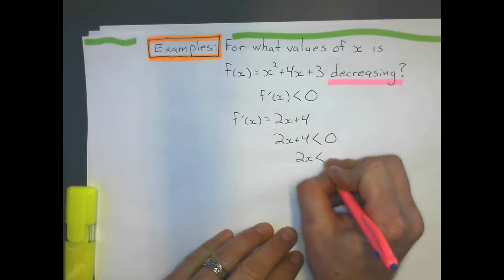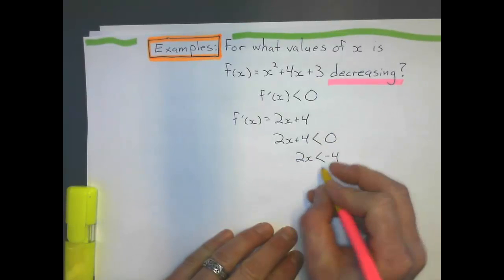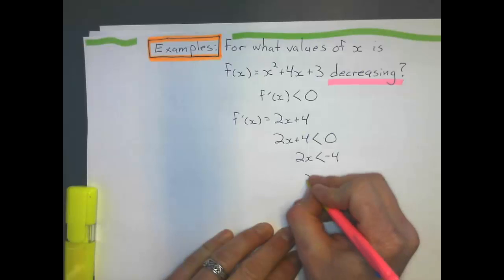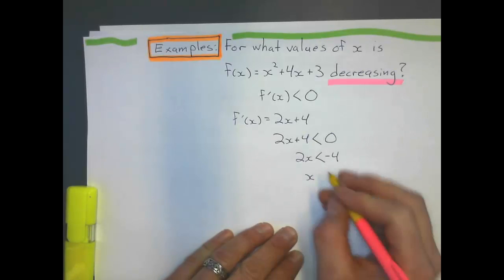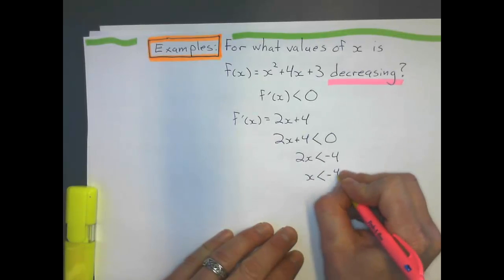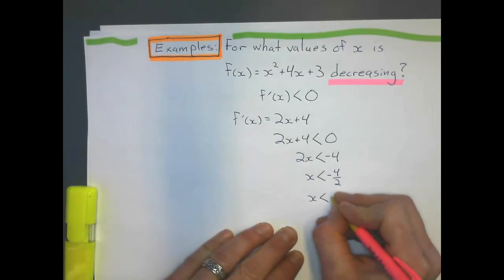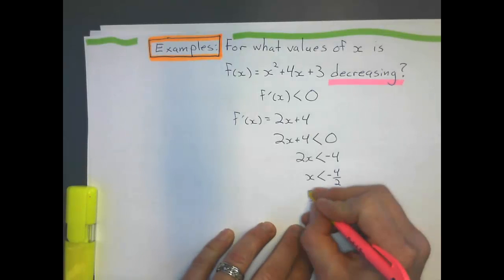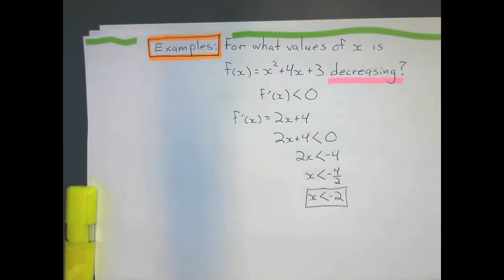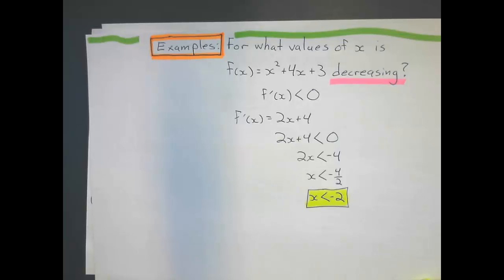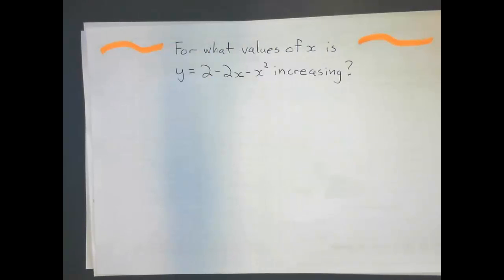That would be 2x is less than -4. Divide both sides by 2. My sign doesn't switch direction here because I'm dividing by a positive, not a negative. -4 divided by 2 gives me -2, so x is less than -2. That's an inequality.